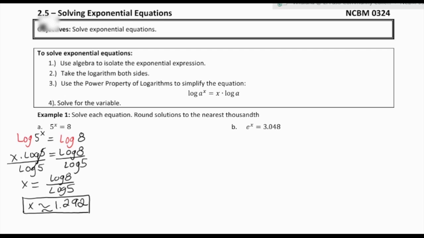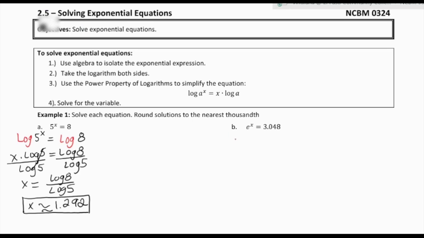On example B, we have e to the x power equals 3.048. The base of this exponential expression is a natural base. The logarithm with the natural base is called the natural logarithm with notation ln of x. So over here, instead of taking the log, we're going to take ln, which is a natural logarithm.